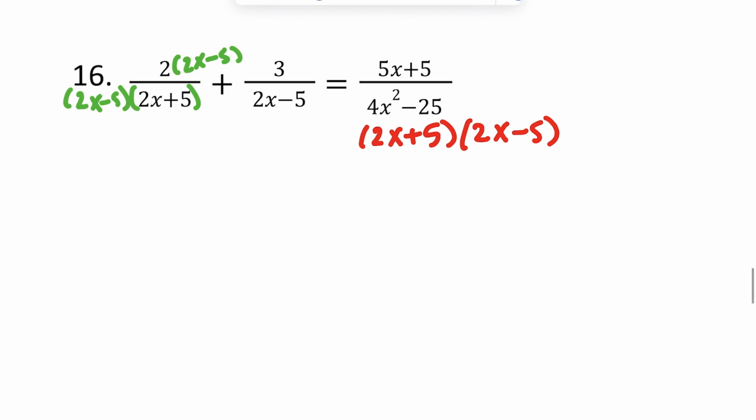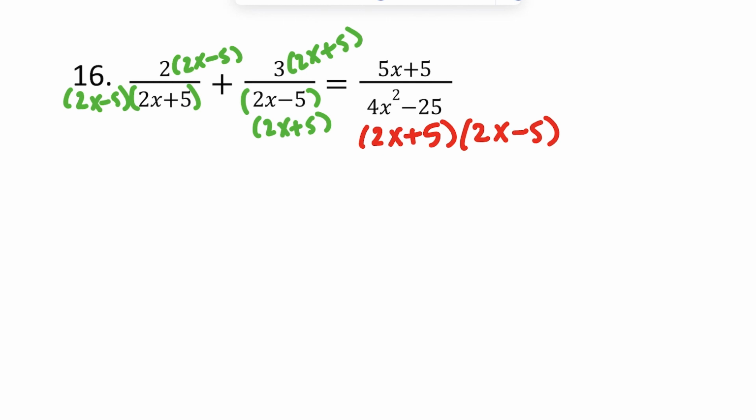Then what's the middle fraction missing that the long denominator has? It's missing a 2x plus 5. Now all three denominators have 2x minus 5 times 2x plus 5. So we can ignore the denominators and just solve the numerators.